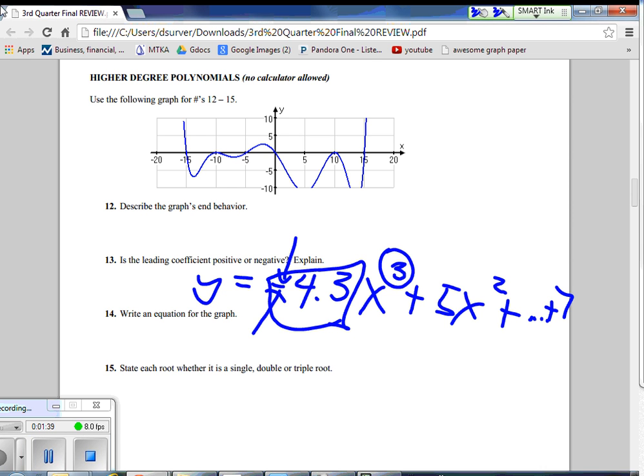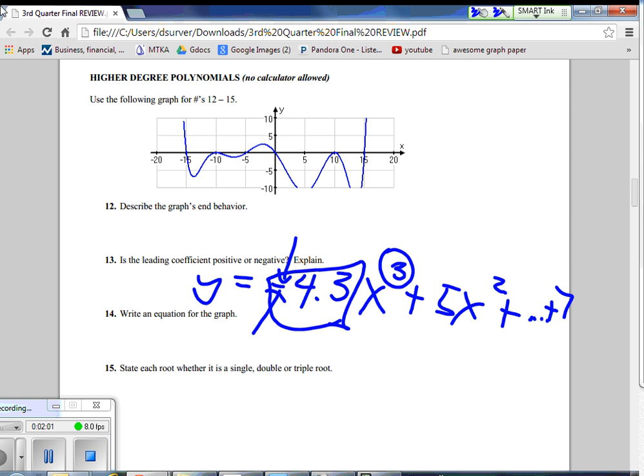And if it's positive or negative, it tells me something. Do you remember what it tells me? Does it tell me the right end or the left end? The right end. It tells me whether the right end is going up or down. And since this one I wrote here has a negative, its graph would have to end going down like this. Well, this one that you have for real and have to answer is going up on the right.